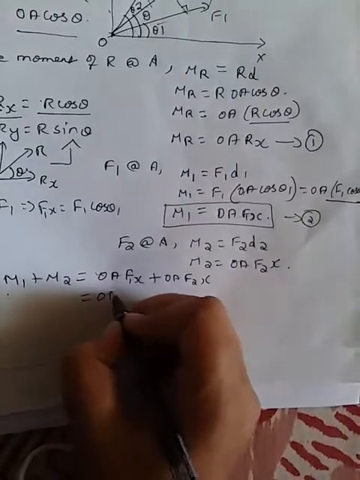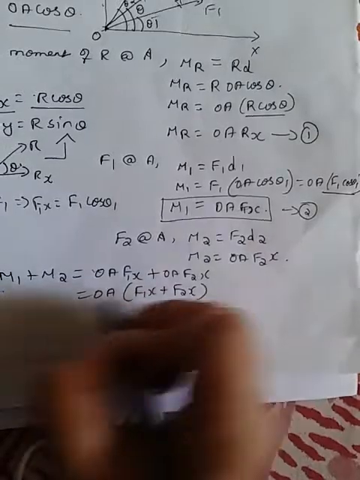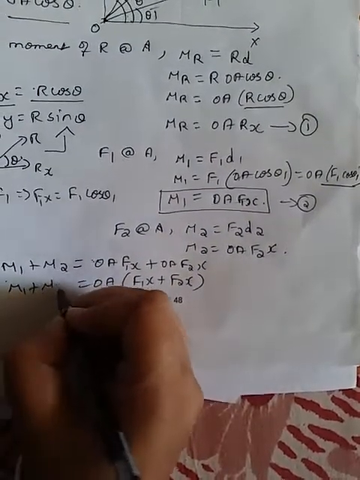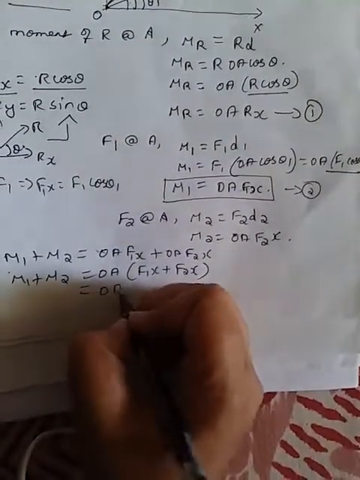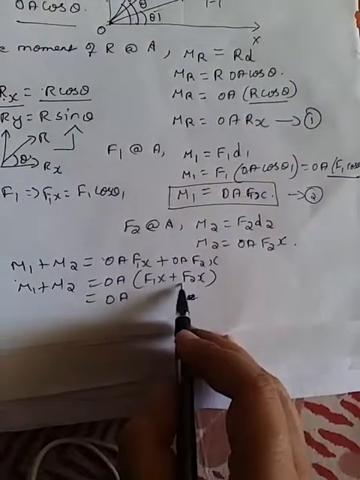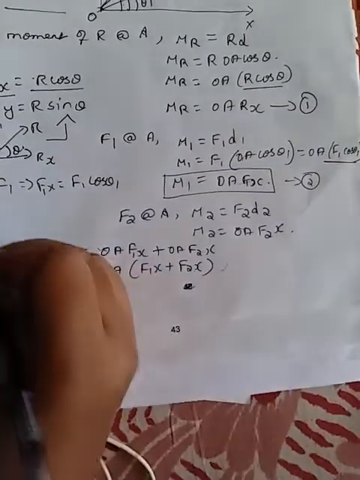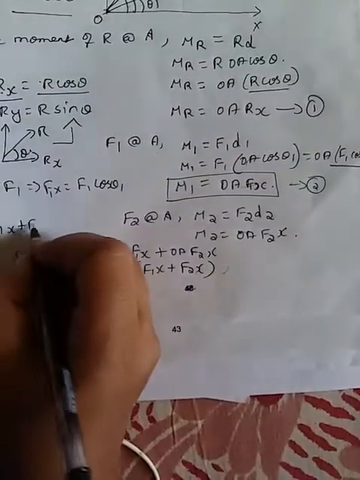Now here OA is common, take it outside: F1x plus F2x. So M1 plus M2 equals OA into F1x plus F2x.